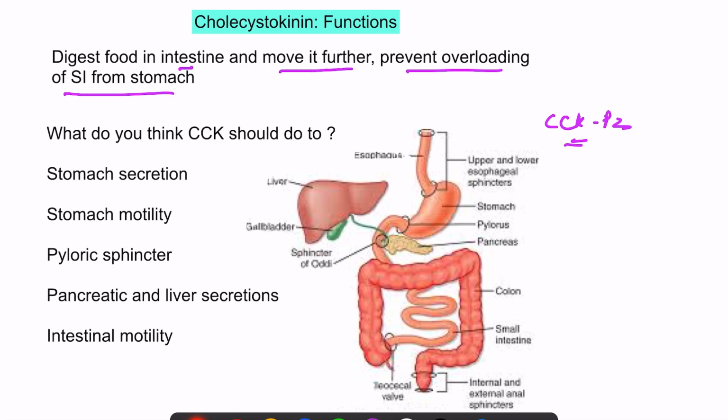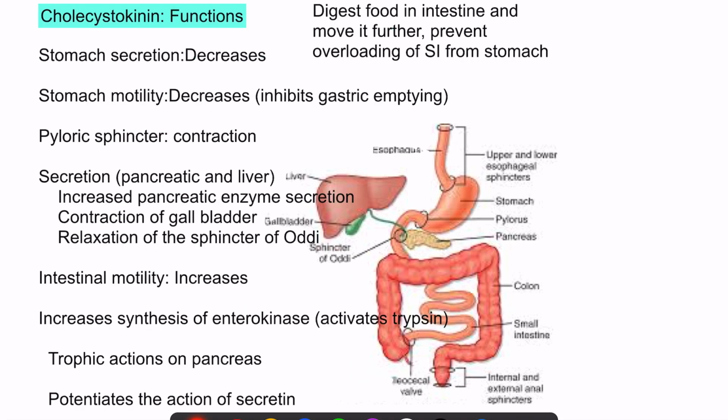Okay, because food or the chyme is entering from stomach into the small intestine, we want to digest it, and till the time that digestion is taking place, we don't want the small intestine to be overloaded with all the contents from the stomach. So based on this, if we see the functions of cholecystokinin, we will see that it causes decrease in the stomach secretion and decrease in the stomach motility, because there should not be any overloading of the small intestine with stomach contents.